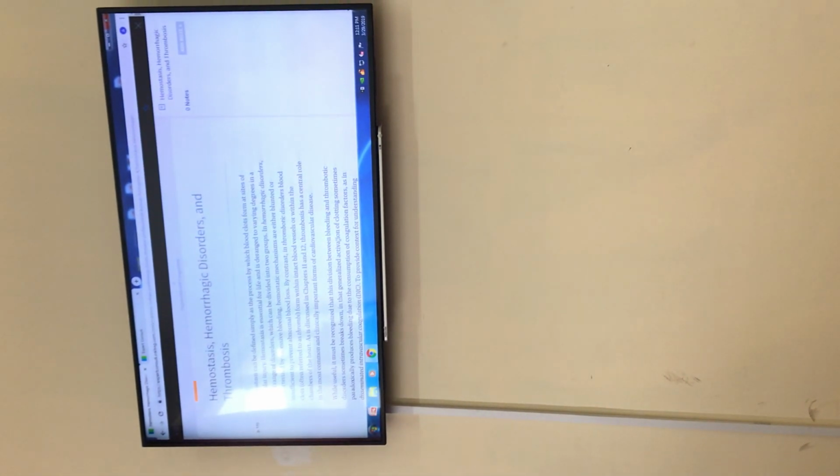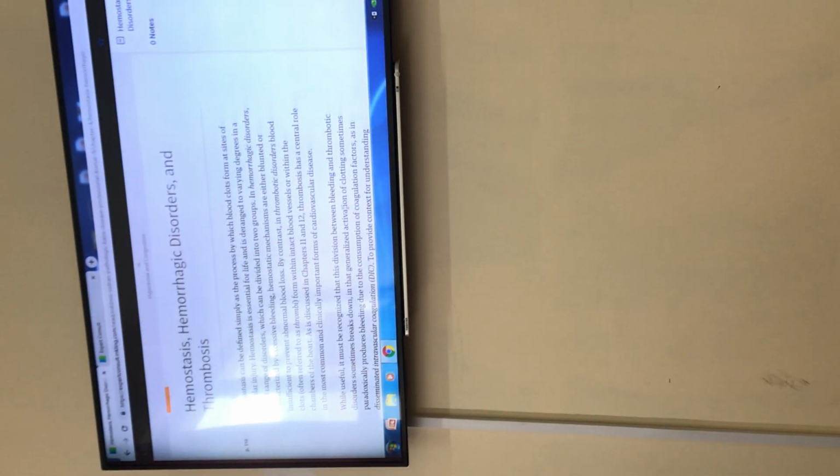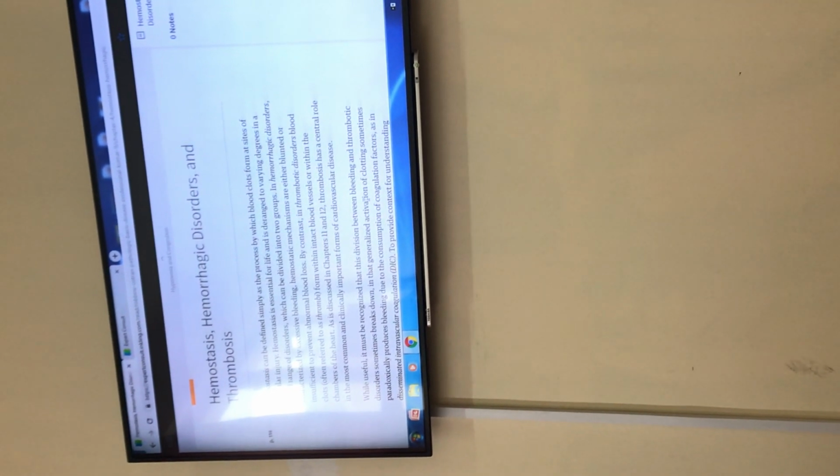And what is hemostasis? Hemostasis is the normal process that occurs when there is an injury to a vessel, for blood clotting. So hemostasis is a normal process that we should have to make a blood clot after a vascular injury.